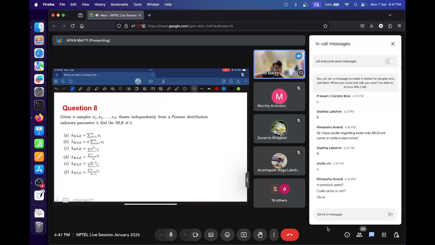So in question 8, again you have to find the MLE estimation, now for the Poisson distribution. Given n examples x1, x2, xn drawn independently from a Poisson distribution with unknown parameter lambda, find the MLE estimation of lambda. The Poisson distribution is given by e to the power minus lambda, lambda to the power x divided by x factorial.